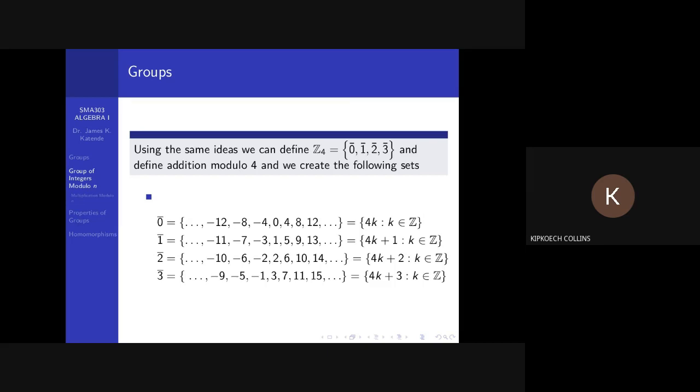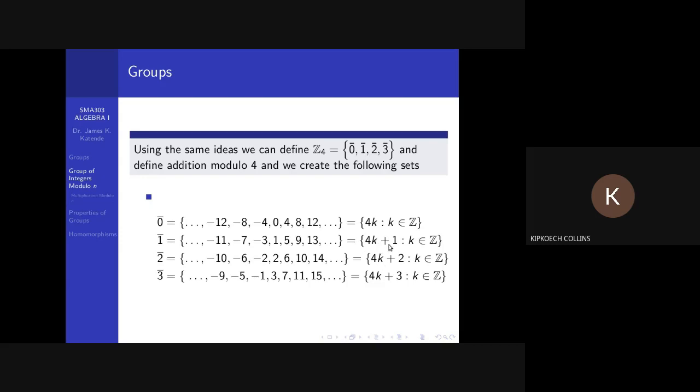Excuse me, sir. Yes. So you said that. What about modulo 4? We have negative 11 and negative 7 in that set. What's wrong with negative 11? If we divide negative 11 by 4, how will the remainder be negative 1?